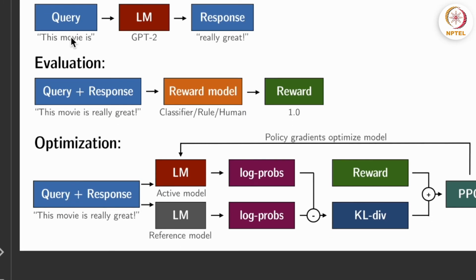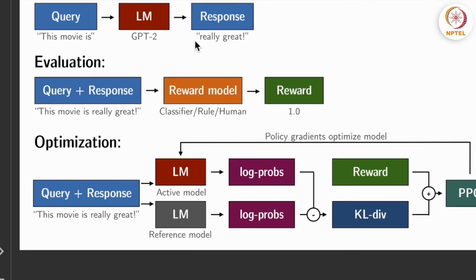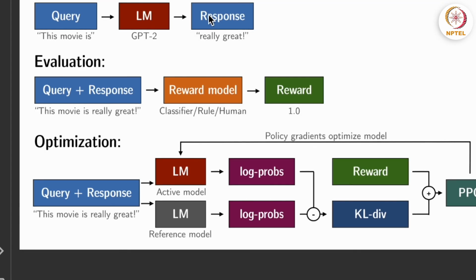In this scenario, for a given input query, the model, let's say a language model like the GPT-2 model, should always output a response which is positive. So, this movie is really great. The output should make sure that it always outputs a positive sentence or positive feeling, right? How do we evaluate?